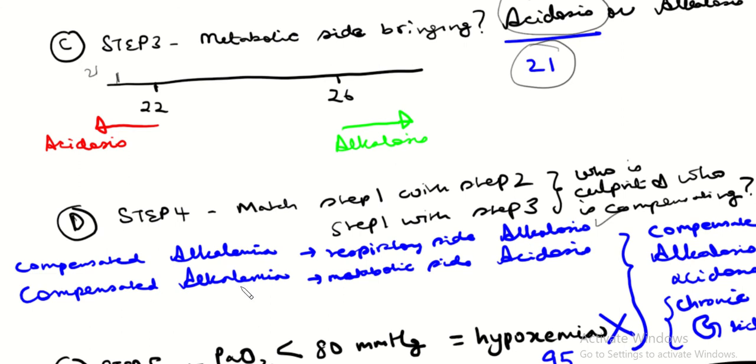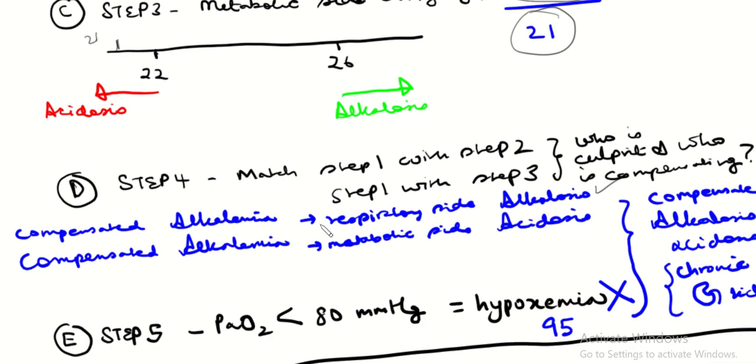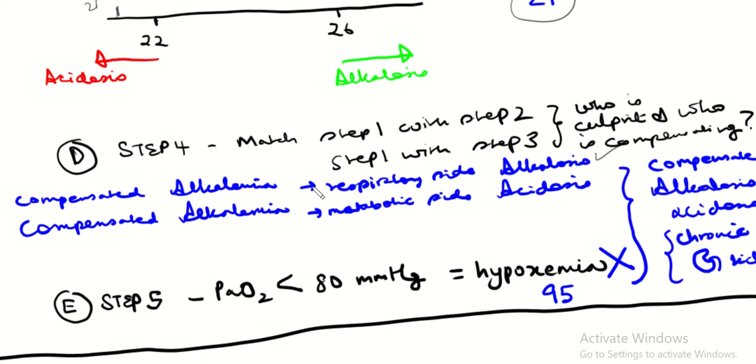And then compensated alkalemia is not matching with metabolic side acidosis. So you have what? Compensated respiratory alkalosis with metabolic acidosis, right? And then you have hypoxemia.